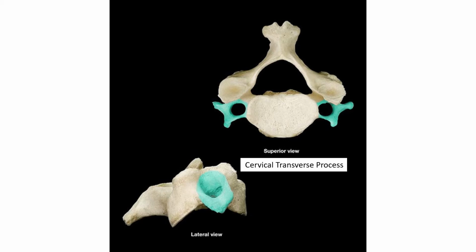Now, there is something special about the transverse process of cervical vertebrae, and that is it has a foramen, a hole for an artery to pass through. And if we look at the most lateral part, you can see two tubercles. One is anterior and one is posterior.